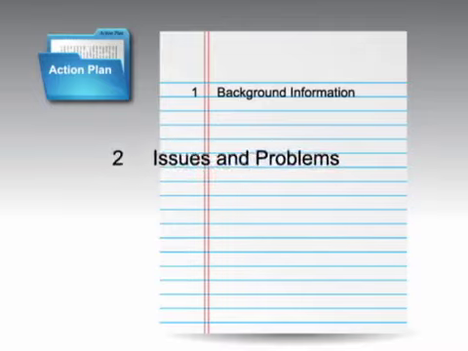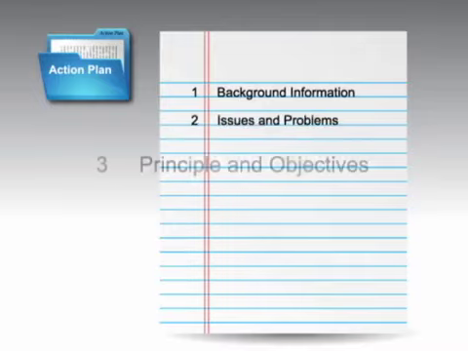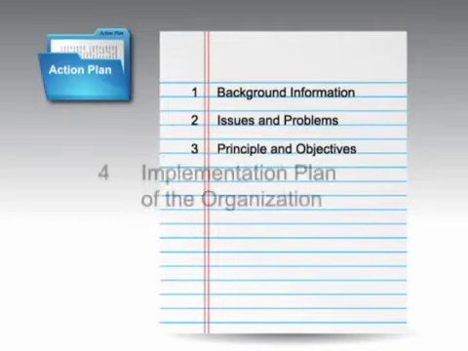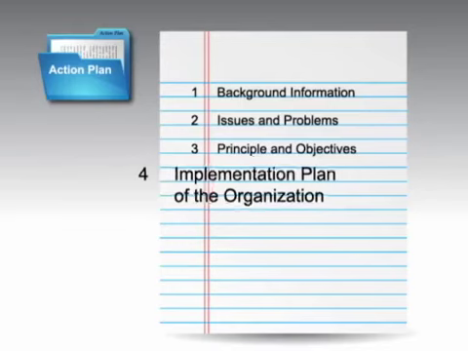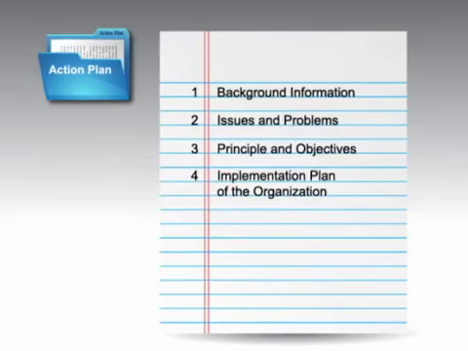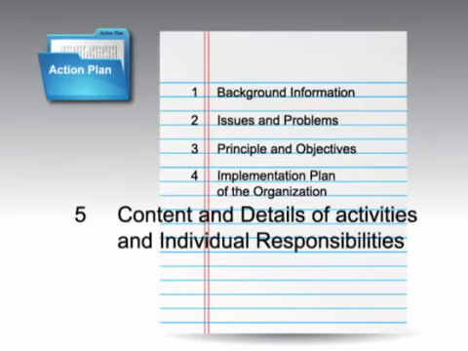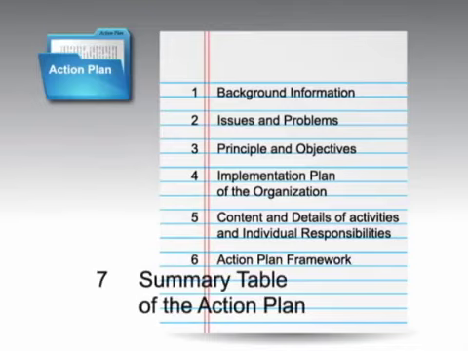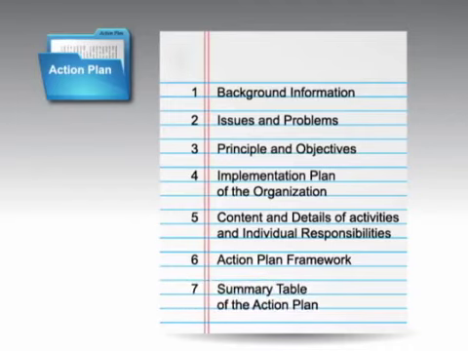Their issues and problems. 3. Their principles and objectives. 4. The implementation plan of the organization. 5. The content and details of activities and individual responsibilities. 6. An action plan framework. 7. A summary table of the action plan.